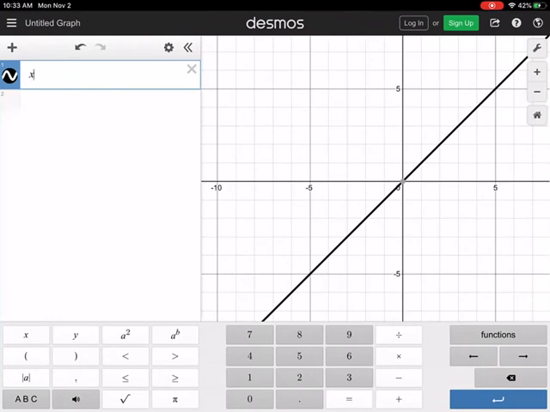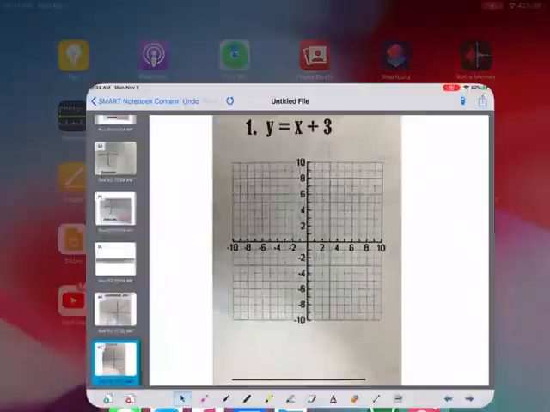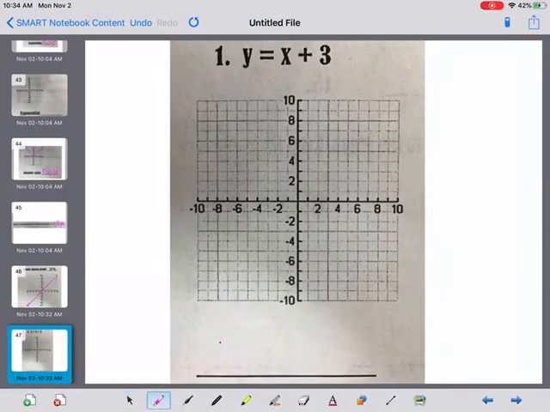My parent function line is black, and what happens when I add 3? What happens to that line? It goes up 3. So it shifts up 3 units. You're going to write that on your paper in a minute. Shifts up 3 units.